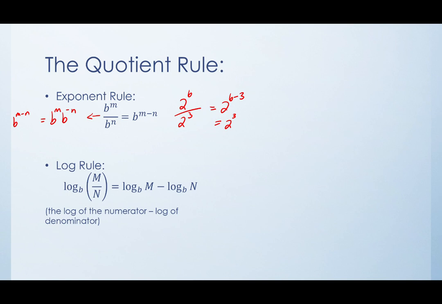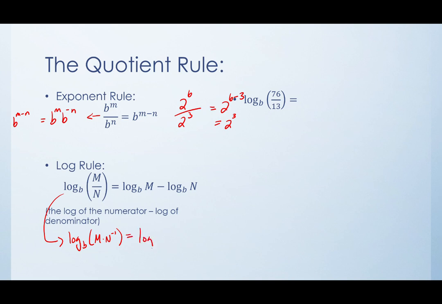Okay, so here's our same sort of story. Log base b of m over n is log base b of m minus log base b of n. So this is the log of the numerator minus the log of the denominator. And this one's, again, another one where you really don't need to remember it, because we could say, oh, well, this is log base b of m times n to the negative 1.